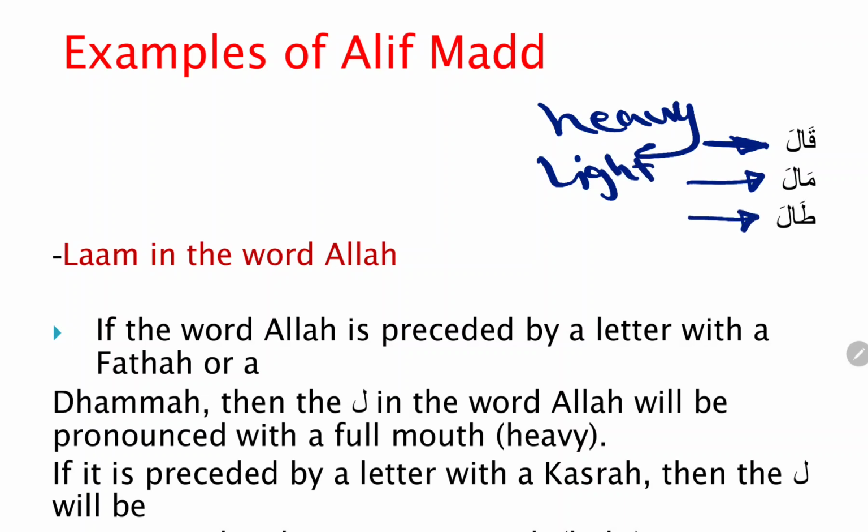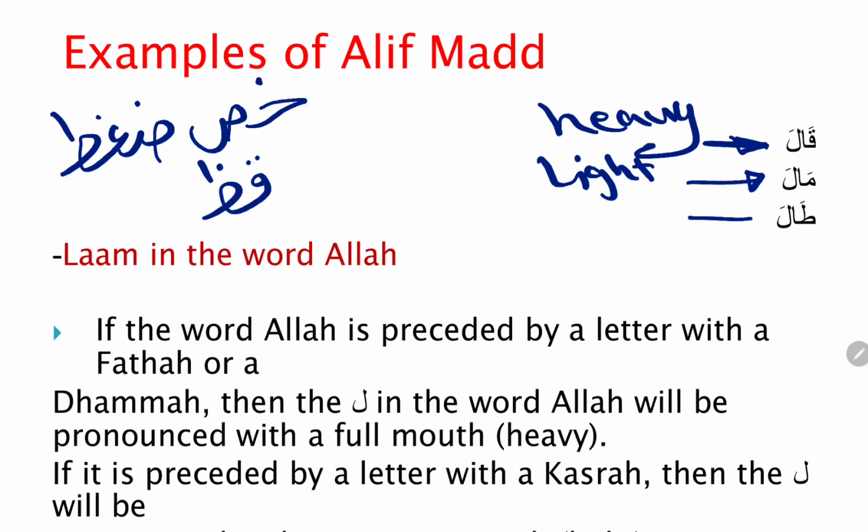The last example, طال. The letter Alif is preceded by the letter Ta, and the letter Ta is one of the heavy letters: خص ضغط قذ. Here is the Ta letter. Excellent. So in the word طال, the letter Alif here is heavy.